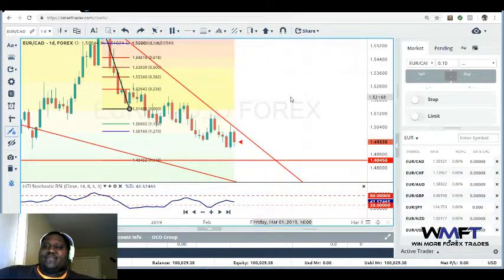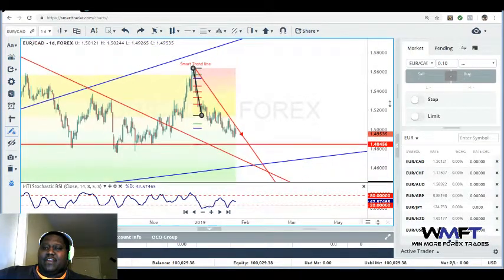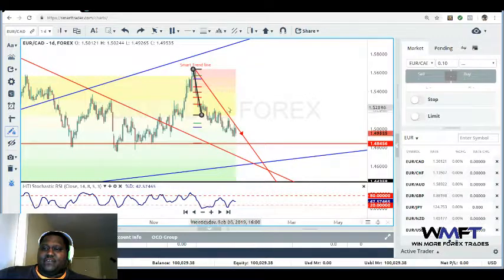So with that being said, you don't want to buy the market until this trend line is broken, and we want to sell the market on a counter trend line break on the 1 hour time frame.